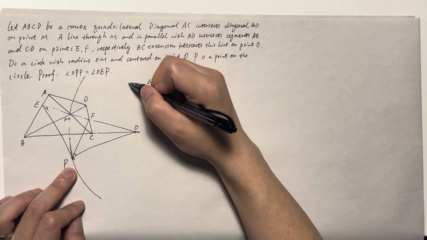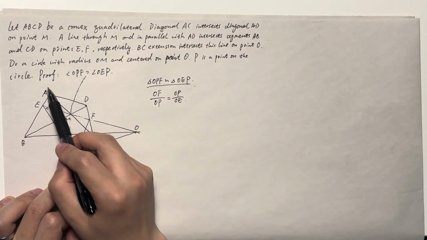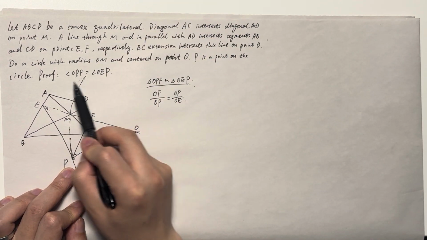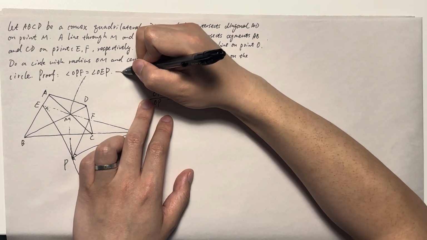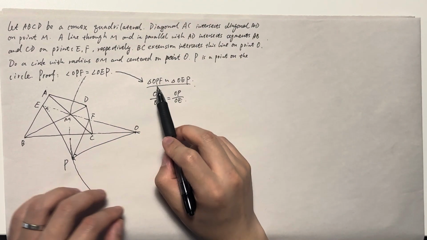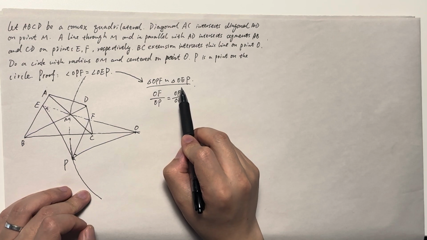So we want to prove this angle equation, which means we want to prove the similarity of these two triangles.